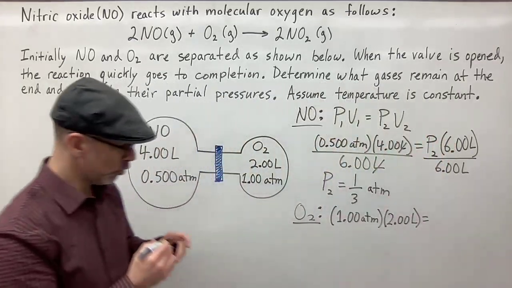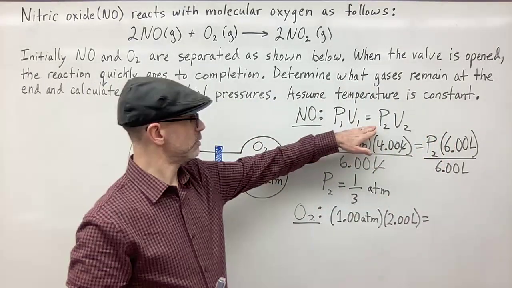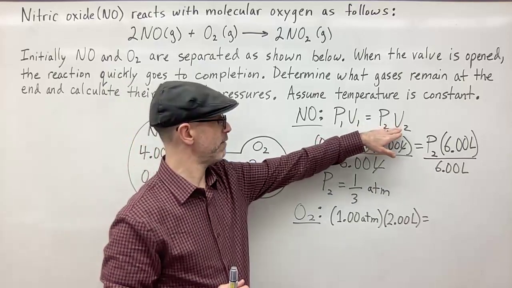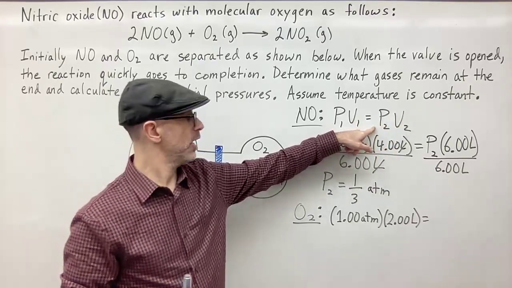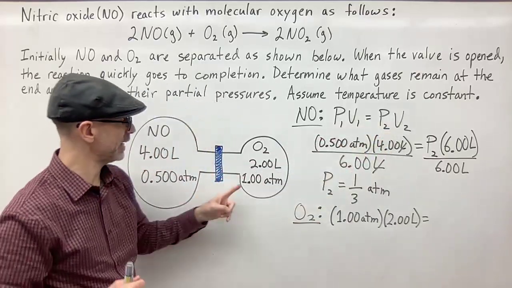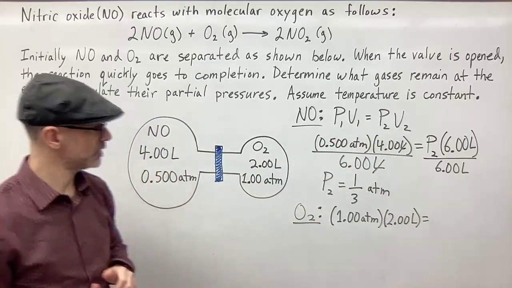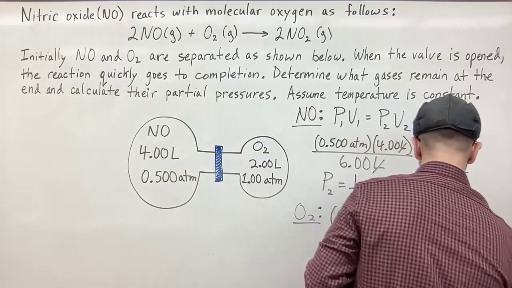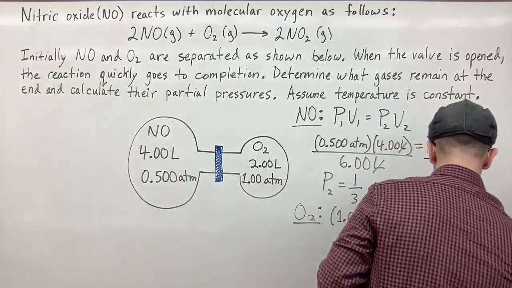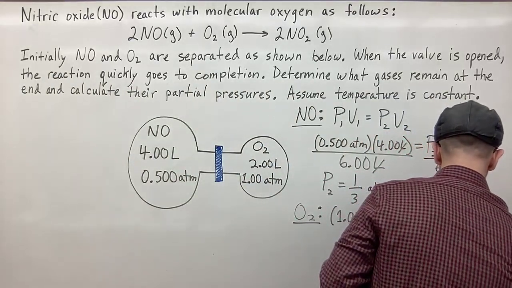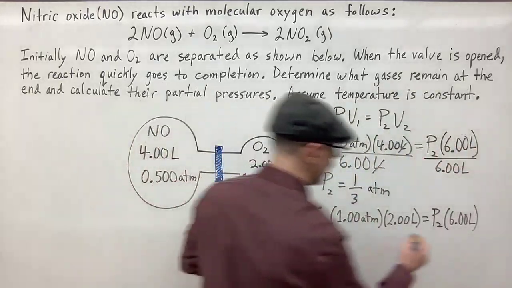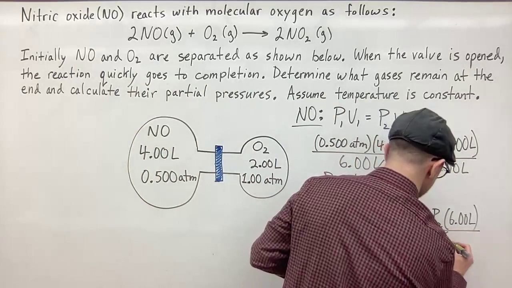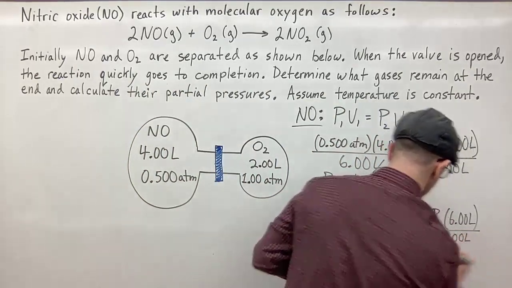That's going to be equal to our final pressure and final volume. Again, we're going to solve for the final pressure, but our final volume is again 2 plus 4, which is 6. So we have P2 multiplied by 6.00 liters. Again, divide both sides by 6.00 liters.